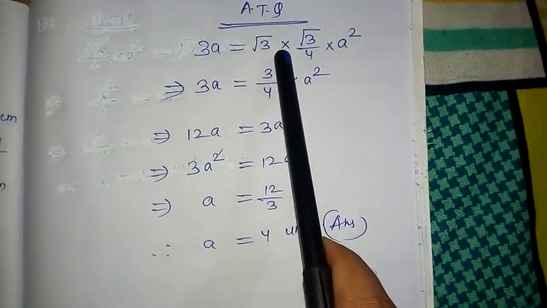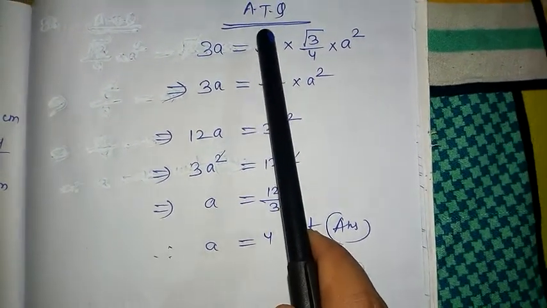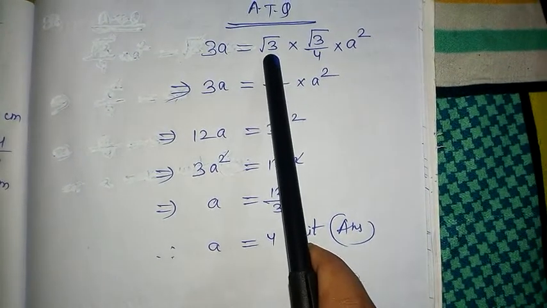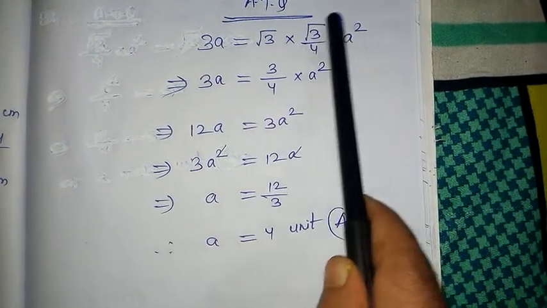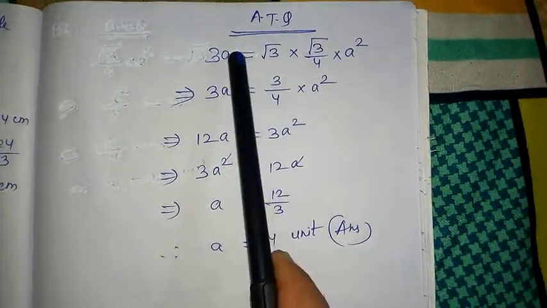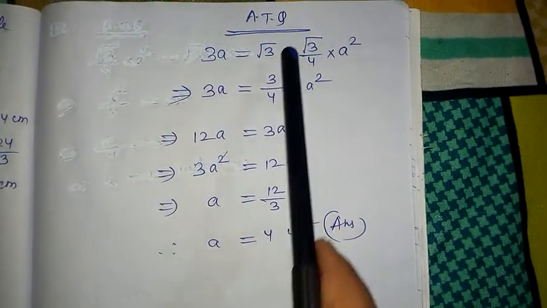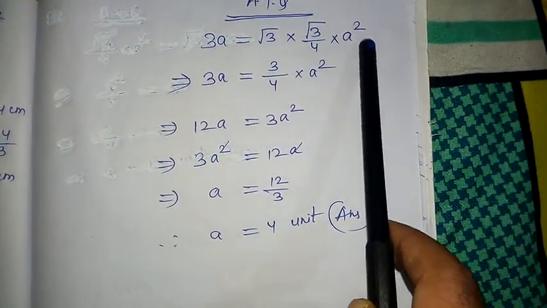Like 3 times means we multiply by 3. 2 times means we multiply by 2. But root 3 times means multiply by root 3. So I am multiplying this particular area with root 3, and this is the perimeter. This relation is given in the question. Now 3a is the same. Root 3 into root 3 is 3. Same, 3 by 4 into a square.